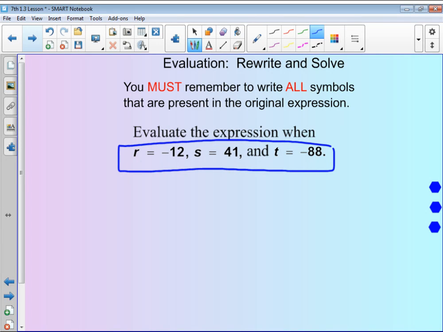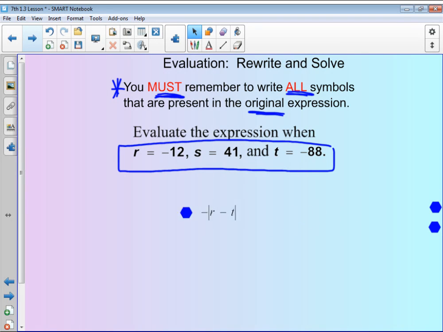Now the key thing to remember, now that we're working with integers, you must remember to write all symbols that are present in the original expression. You cannot leave negative signs off just because the number that you're substituting in is negative. That's the most commonly made mistake.